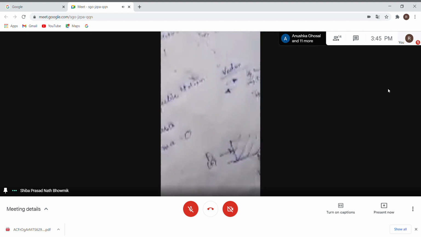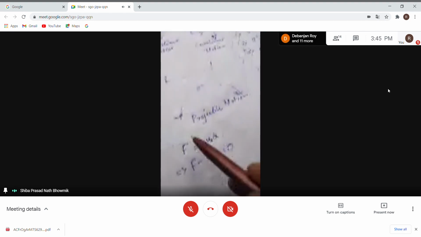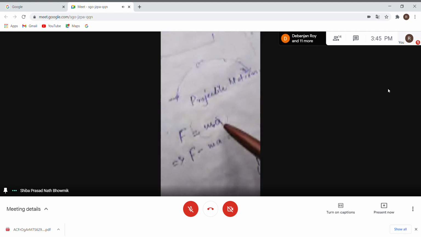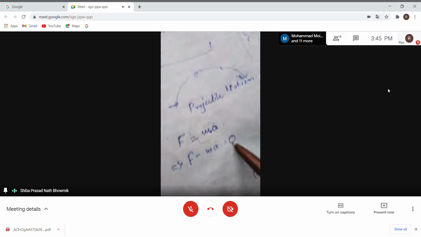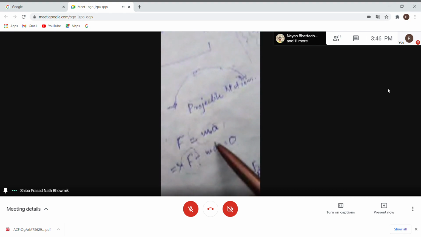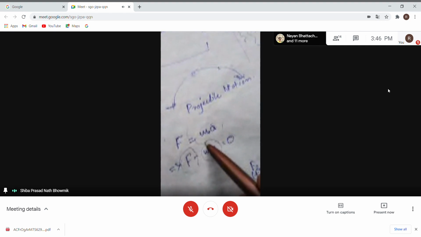এখন with respect to this concept, come here, F equals to MA, F minus MA, it's a vector quantity, so this one is also a vector quantity.